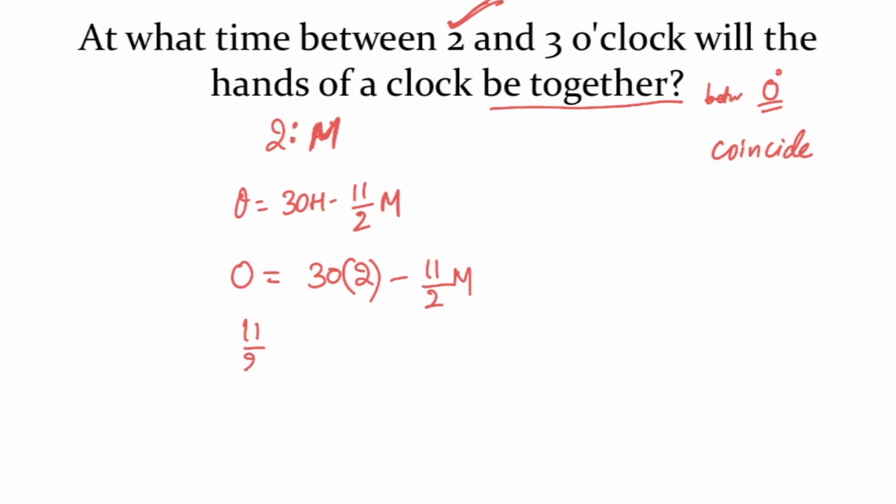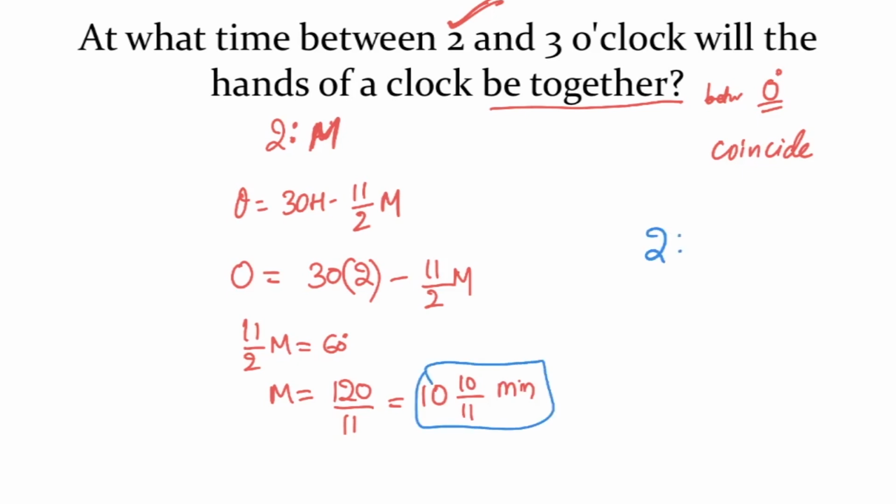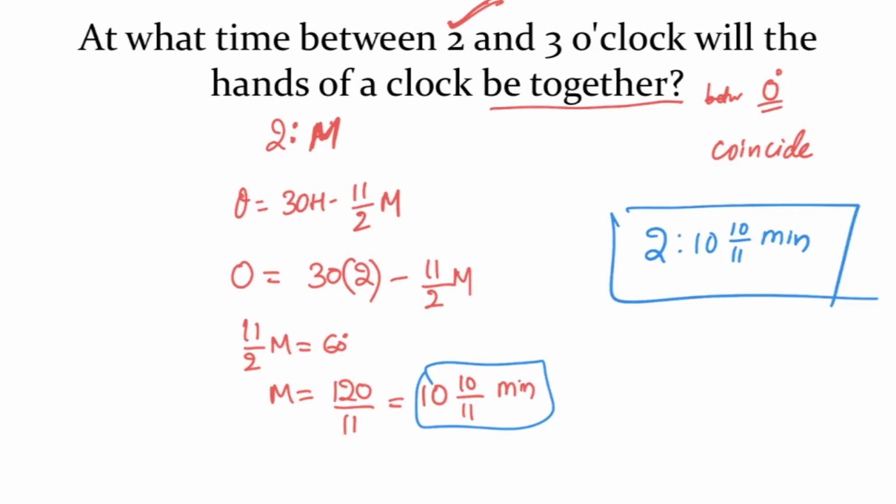So 11 by 2 m is equal to 60 degrees. m is equal to 60 into 2, 120 divided by 11. That's equal to 10 10 by 11 minutes. So the answer is after 2 o'clock, exactly at 10 10 by 11 minutes, both the hands of the clock coincide.